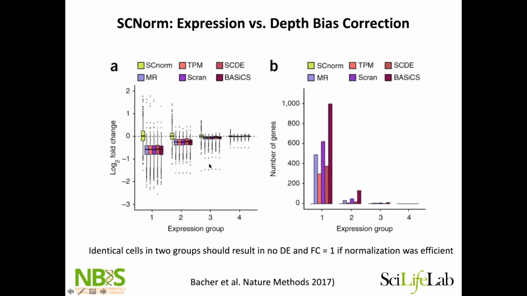And what they show with just doing normal types of normalizations, like I'm not even sure what MR is right now, but the lowly expressed genes will tend to have negative fold changes in this comparative simulation, even though it's supposed to be a no change case, mainly because these ones are driving, but it's also the biggest group of genes.